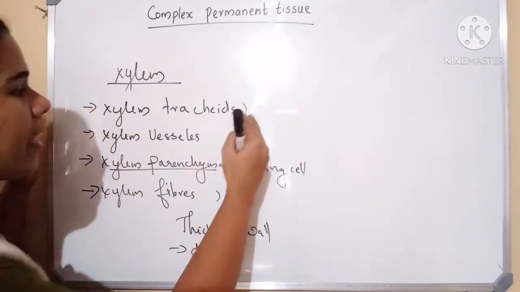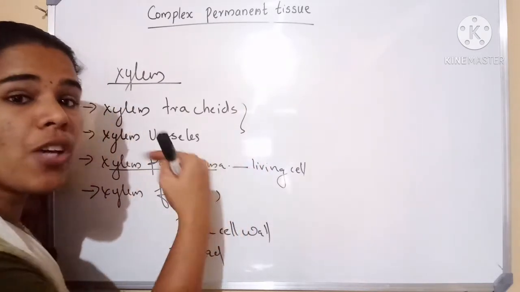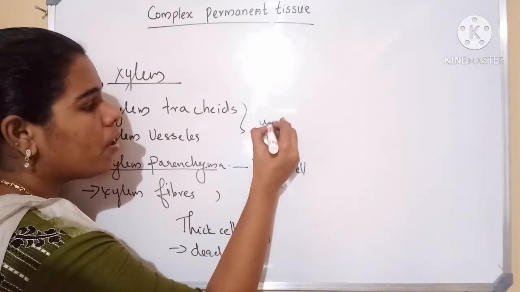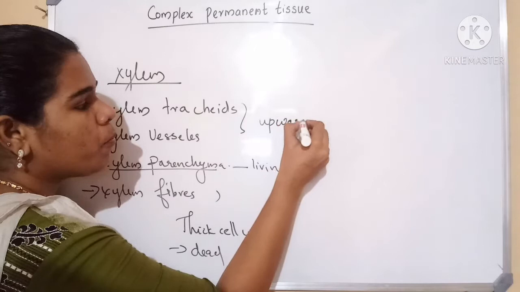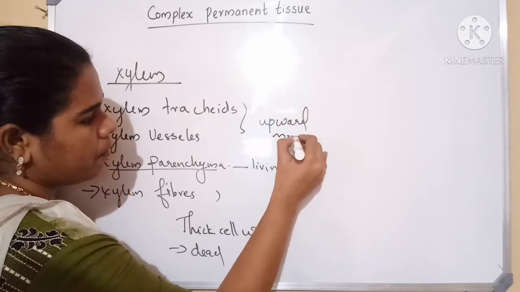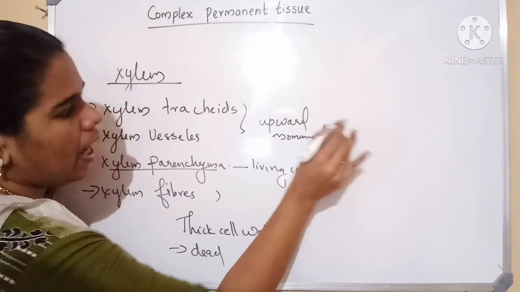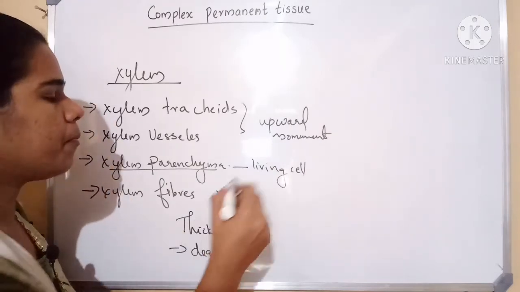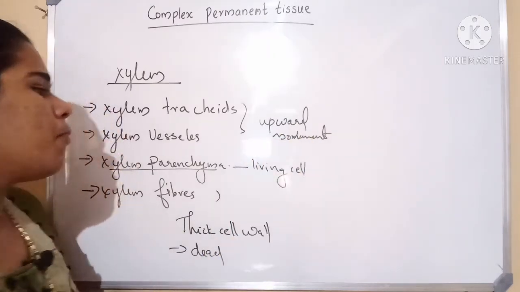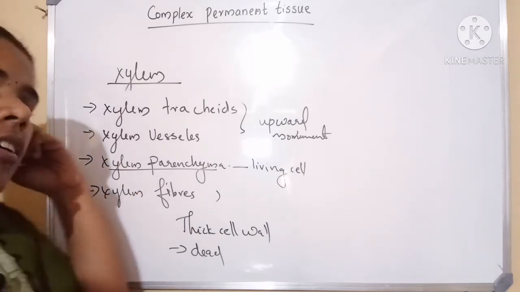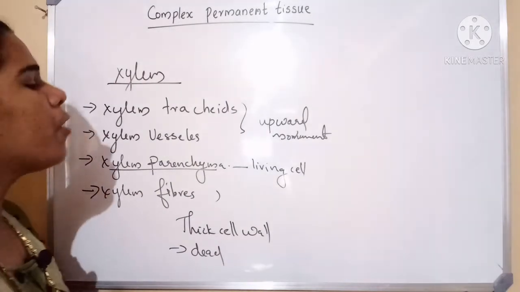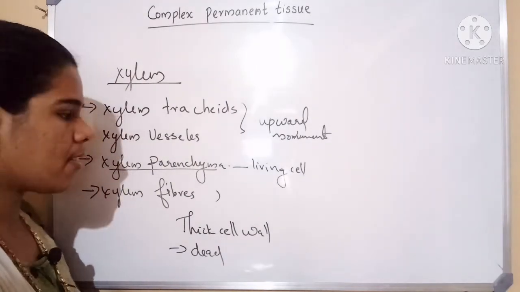So the tracheids and vessels help the upward movement of water and minerals.